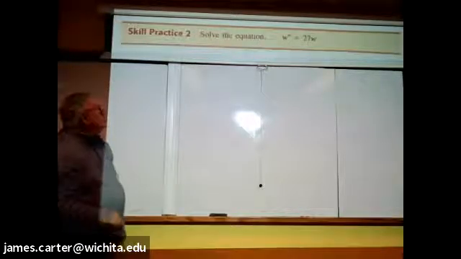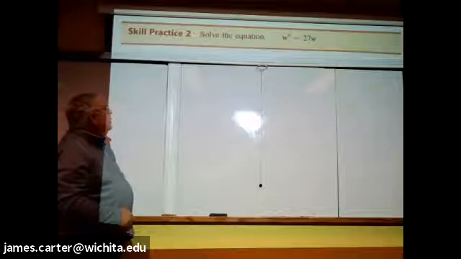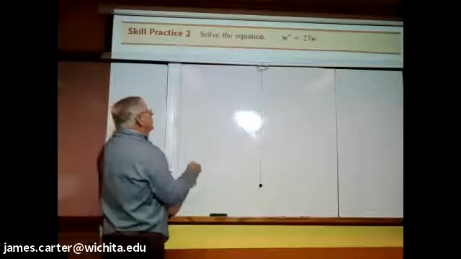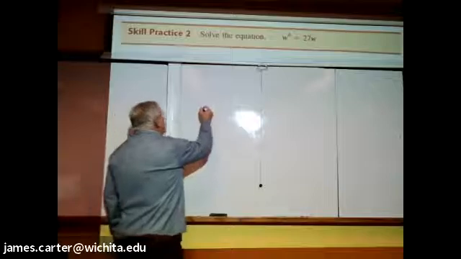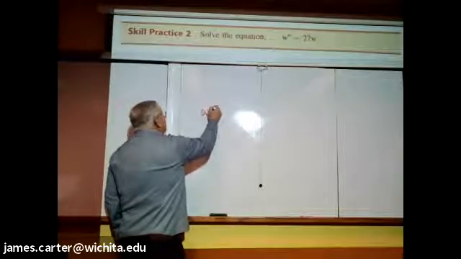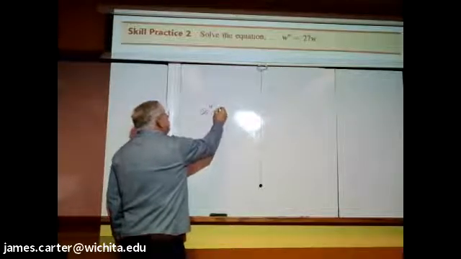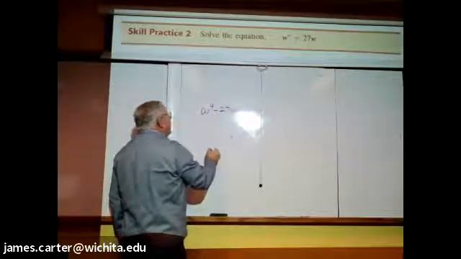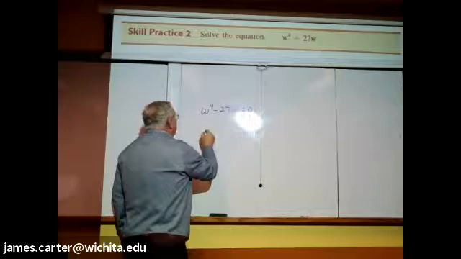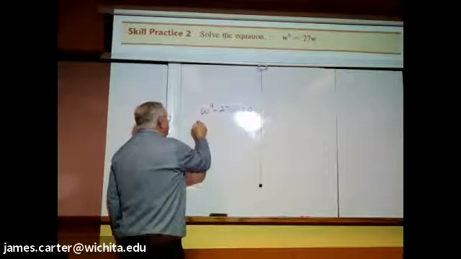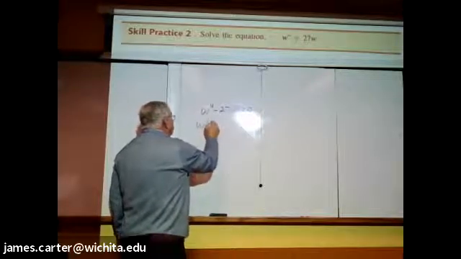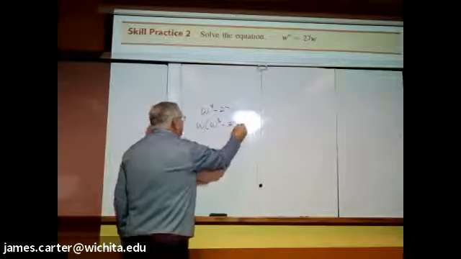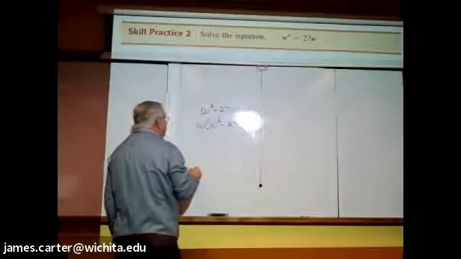Okay, what about this one? Well, whoops. If I wanted to solve this problem, first thing I do, w to the 4th minus 27w equals 0. I would factor a w out of both of these, and I would have w cubed minus 27 equals 0.